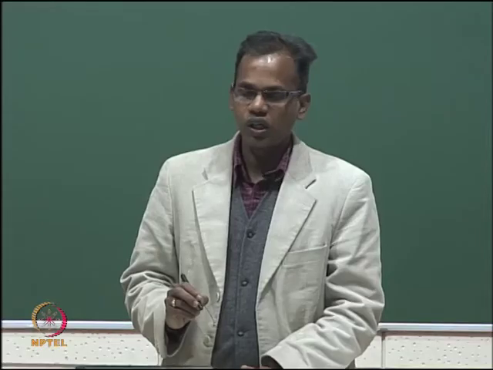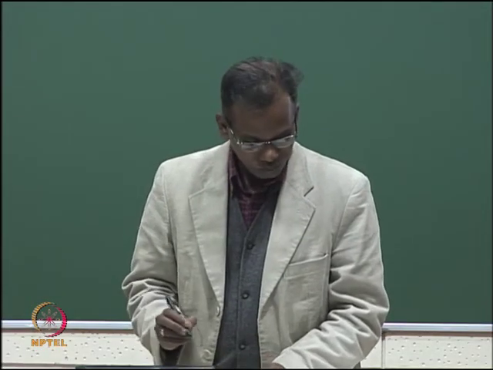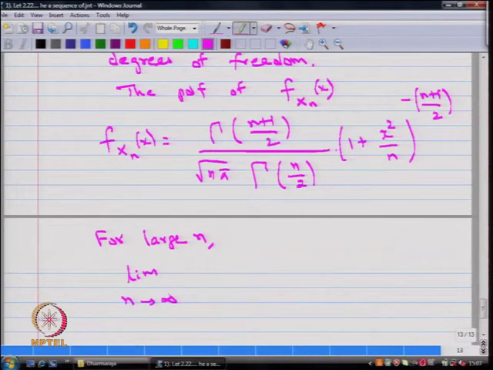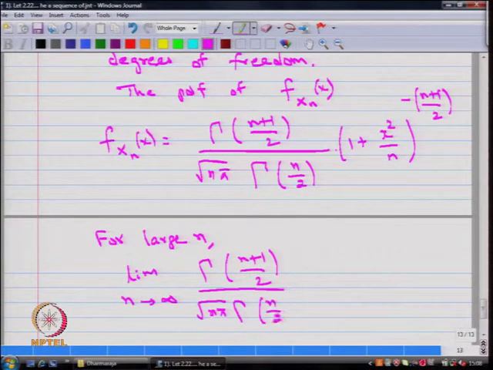Our interest is to find out the limiting distribution of the random variable X_n. For large n, we have the results: limit n tends to infinity of gamma of (n plus 1)/2 divided by square root of n pi times gamma of n/2 is 1 divided by square root of 2 pi, using Stirling's approximation.